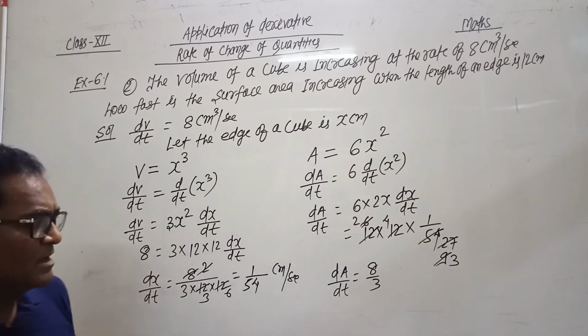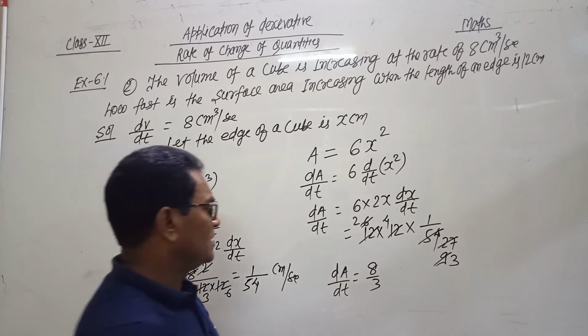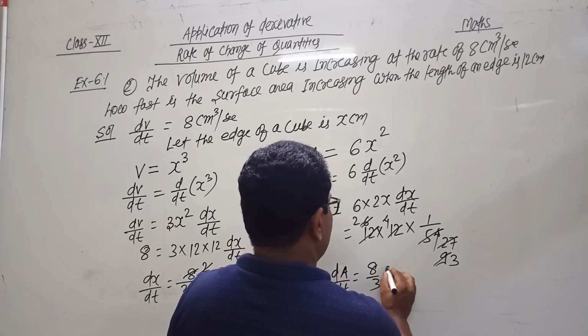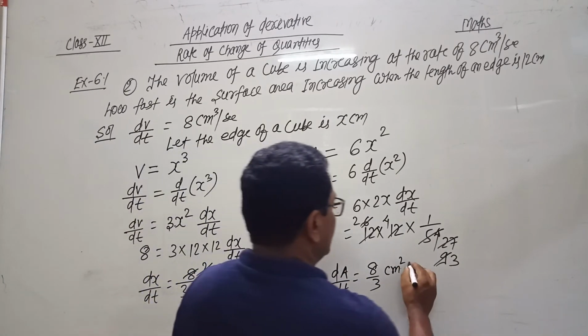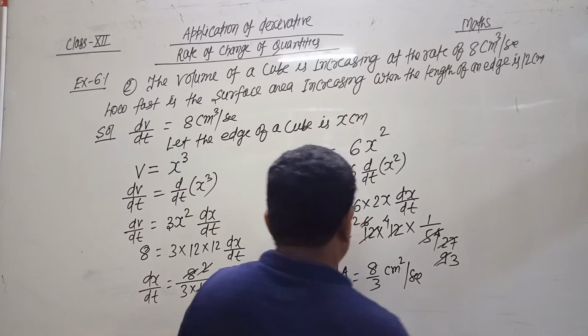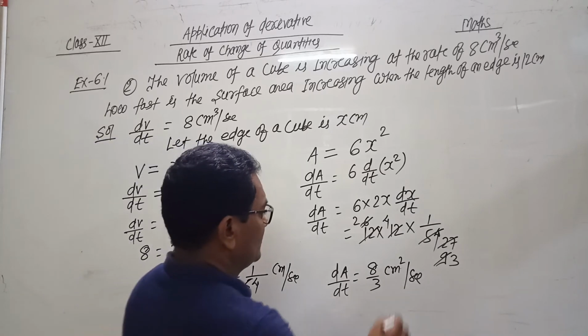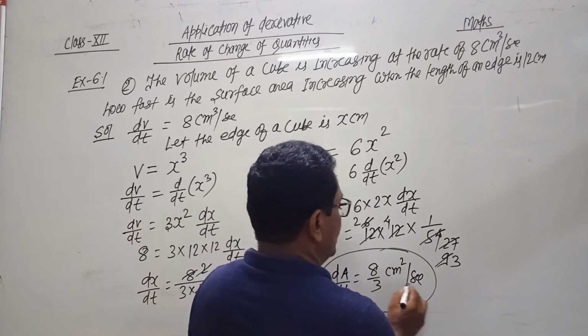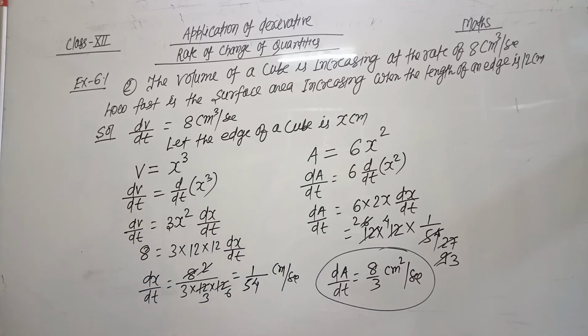Its unit: the unit of area is centimeter square, and the unit of time is second. So we get the result. The increase in surface area is 8 upon 3 centimeter square per second. We have to write the unit also. It is a must to write the unit.